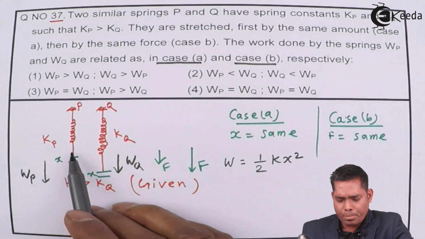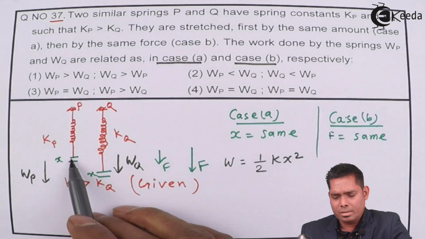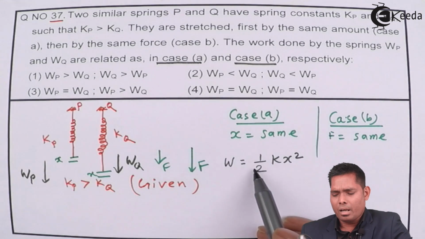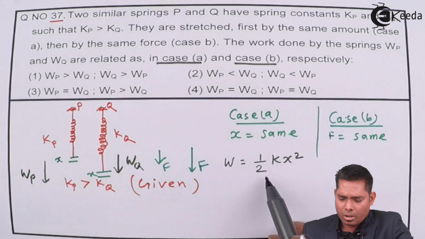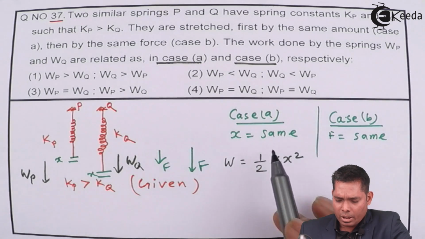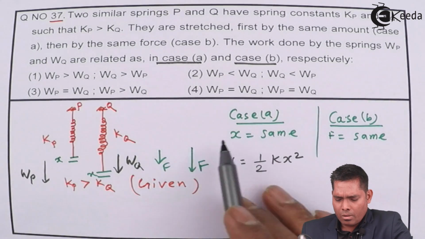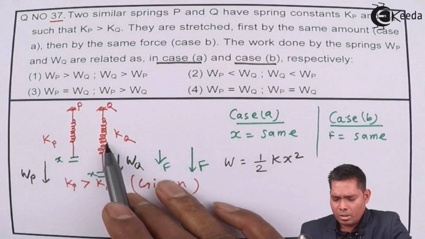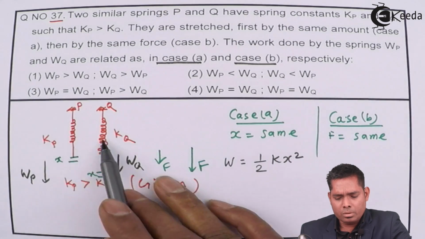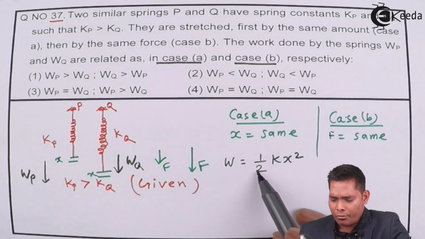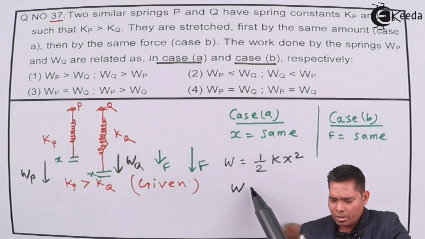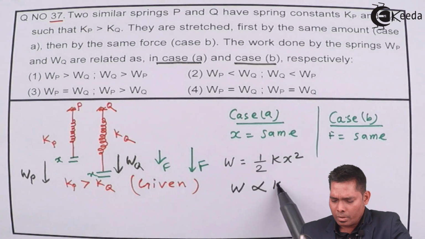That means if a spring is stressed by distance x, then the work done is half k x squared. Now when x is the same in both springs, half is the same, so W is proportional to k.